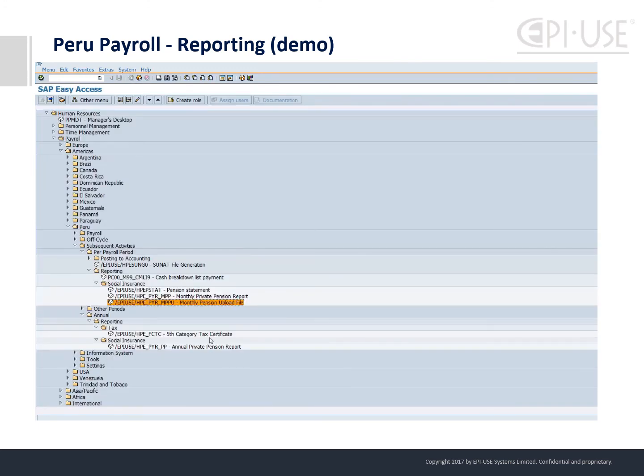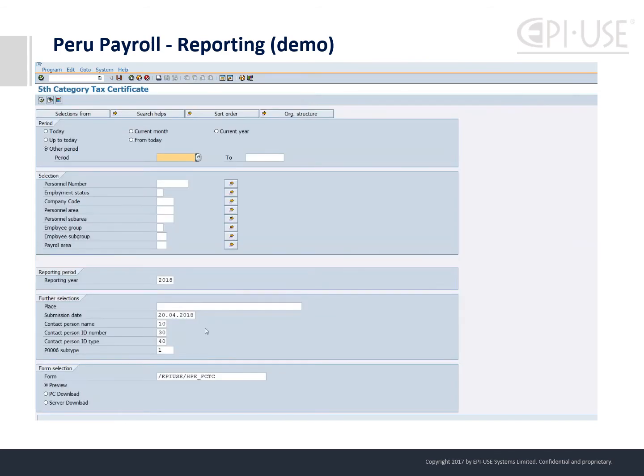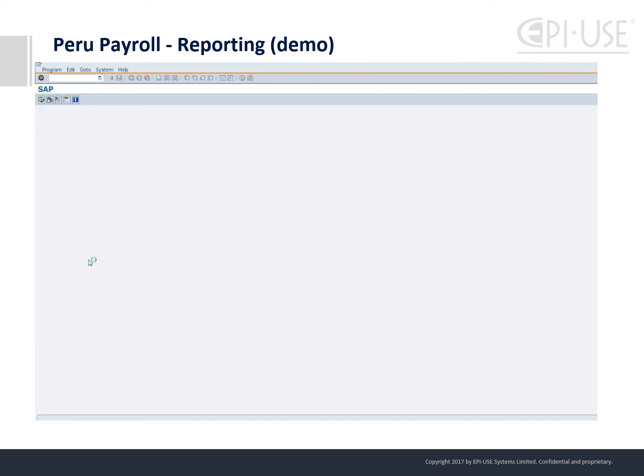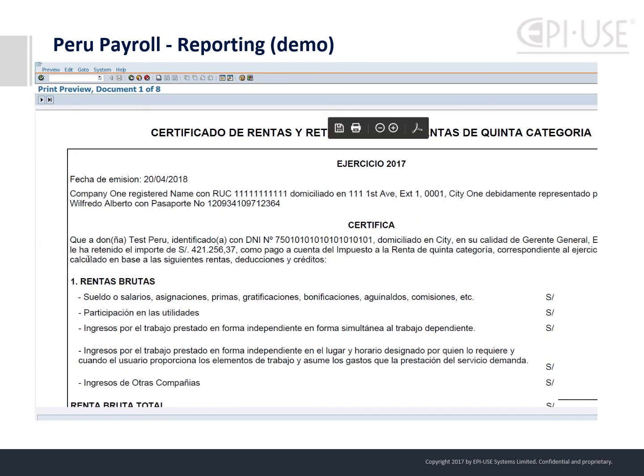Let's look at the tax, fifth category tax certificate. We basically have the same here. So if we look at this example, again, we can have a preview before we download it. So if we run this, there's one of 8 documents.